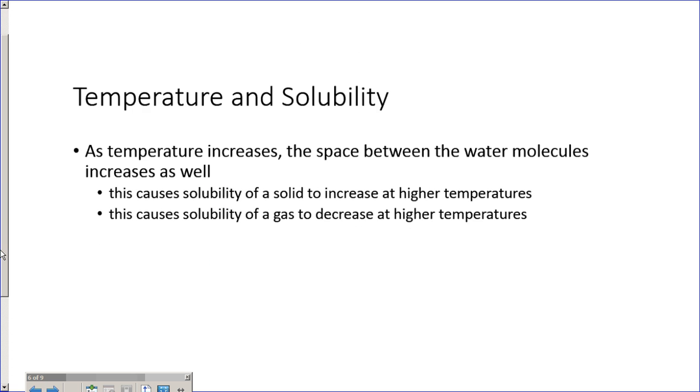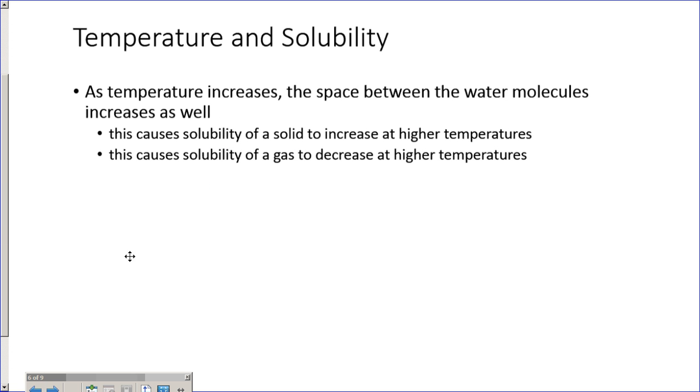So let's talk about how temperature affects the solubility of things. Temperature, it makes sense that if we're dissolving something that is polar or ionic, temperature is going to increase the space between the water molecules. So if we know we increase temperature, things are going to expand with thermal expansion. And this causes the solubility of a solid to increase as temperature goes up.